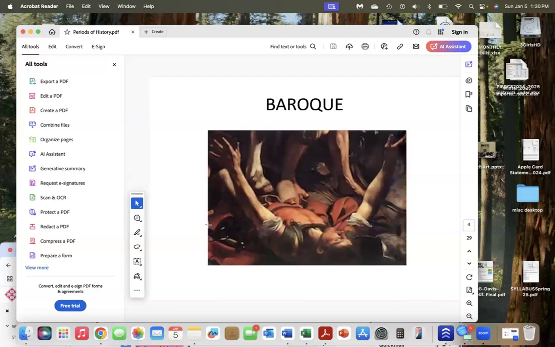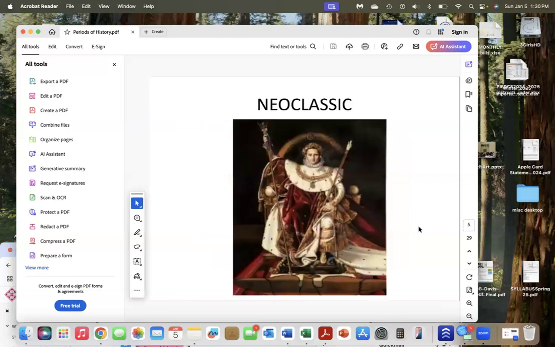The Baroque, one of my favorites. This is hugely dramatic. The Baroque is all about drama in the lighting and in the movement and in the stories themselves. There we have Napoleon. This is when he rose to be emperor. It's funny because in French history, it was right after the Revolution.